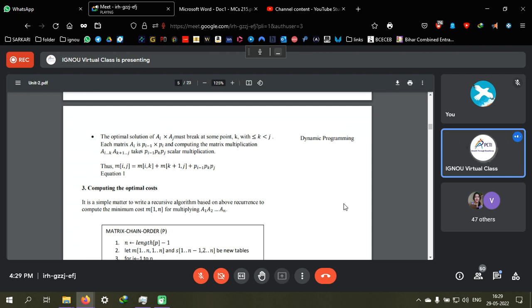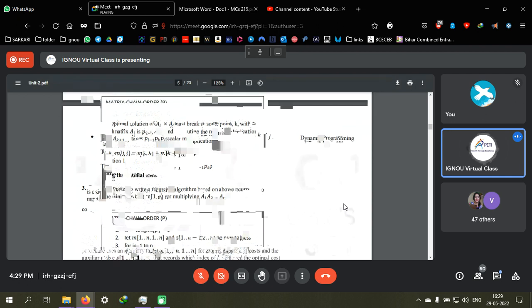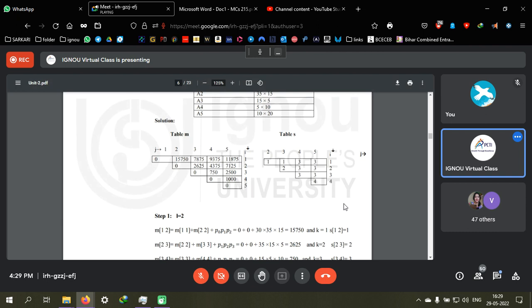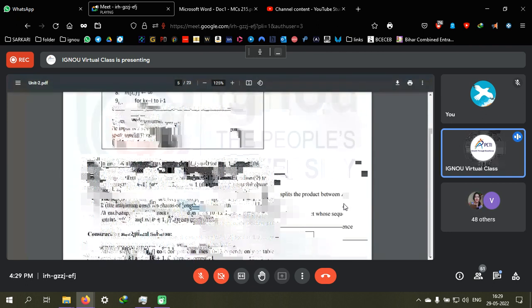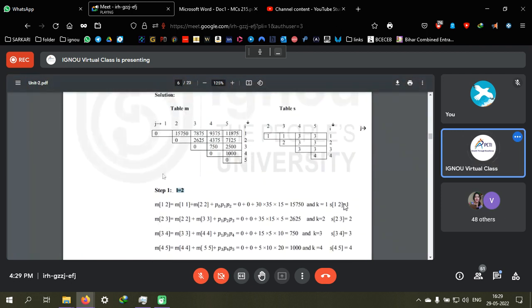So let's do this one. So this is my second iteration. So l is equal to 2 here. So we have to implement first. We already computed M11. So the M11 value is 0. Now I am going to compute, where the i value here is 1 and the j value is 2. So M12 I have to find.